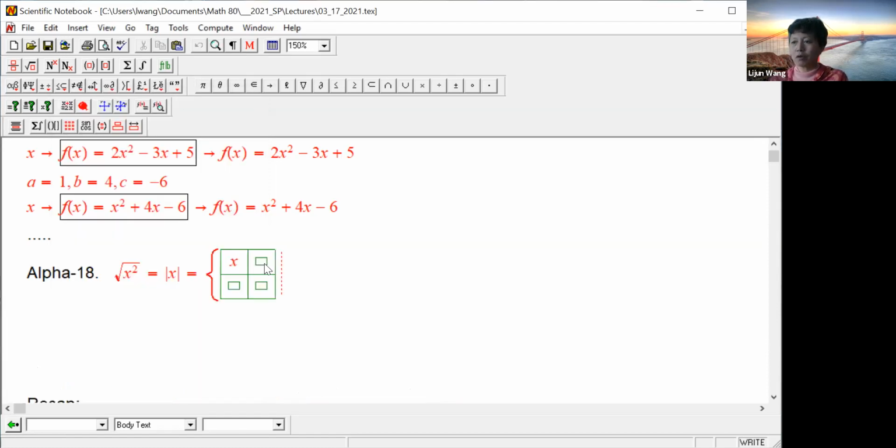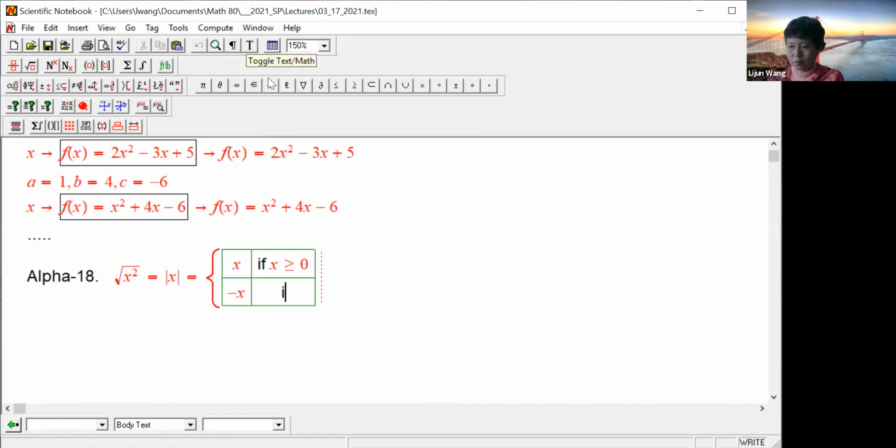The absolute value of a non-negative number is the same as the number. The absolute value of a negative number is its opposite. So we have done that.